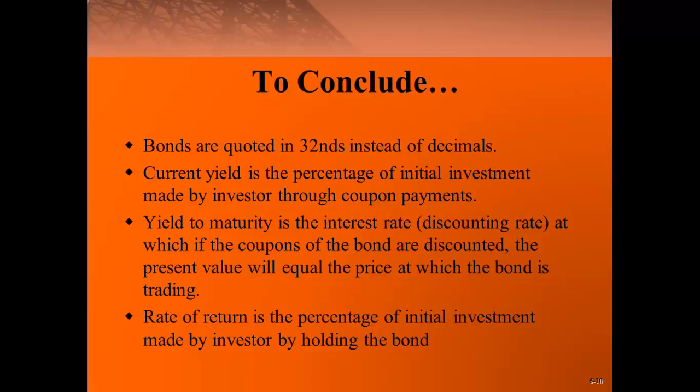Finally, the rate of return is a percent of gain on the initial investment made by the investor while holding the bond, and it is coupon plus the price at which we sold the bond minus the price at which we bought the bond, divided by the investment, or the price at which we bought the bond.